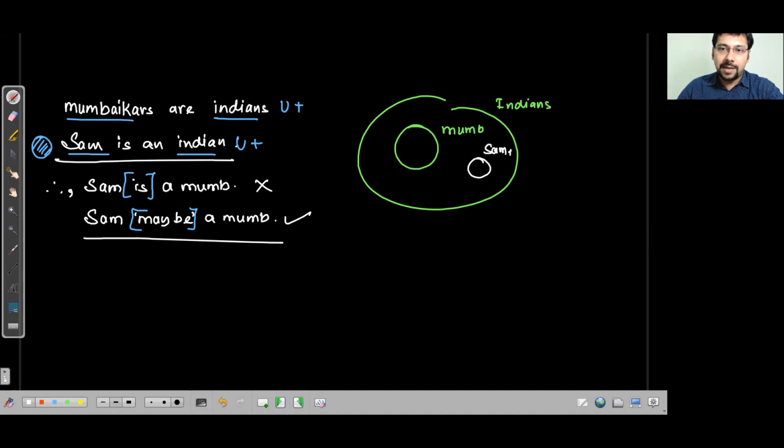So Sam can be here. I can put it as Sam 1. Sam can be here, half in, half out. For that matter, I do not know how big Sam is, and Sam can be here.